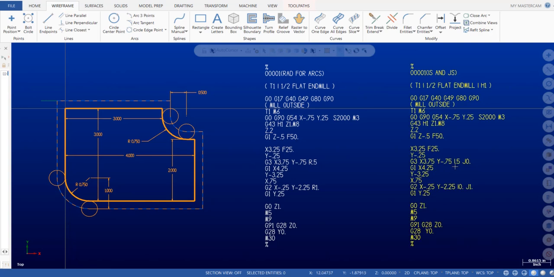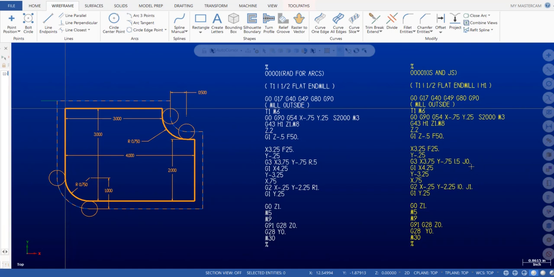Then I.5: it wants to know where the center point of the radius is in relation to the tool, in an incremental distance, meaning the distance measured from the tool to the radius. We know that is a ½ inch, but it is a ½ inch in the plus direction. Notice we're coming from the center of the tool to the center point of the radius in a plus direction, and therefore the I is a 0.5.